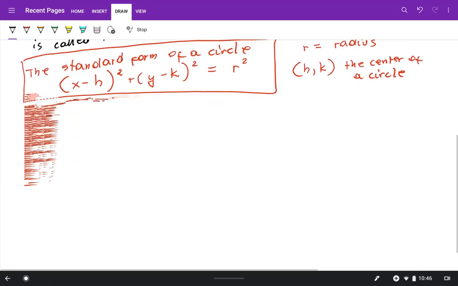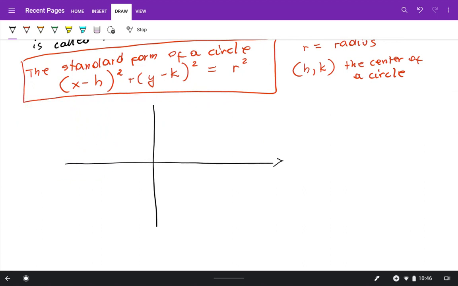Okay, so this is how that looks. You have coordinate plane xy. And this is, let's say, the center. H is the x coordinate of the center. K represents the y coordinate of the center. And we have a radius r.